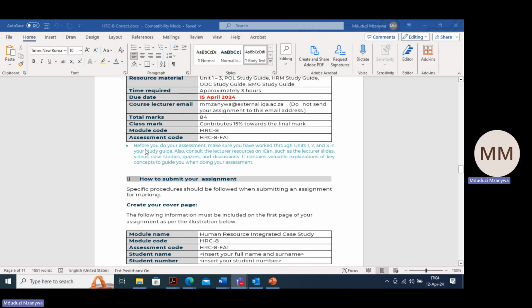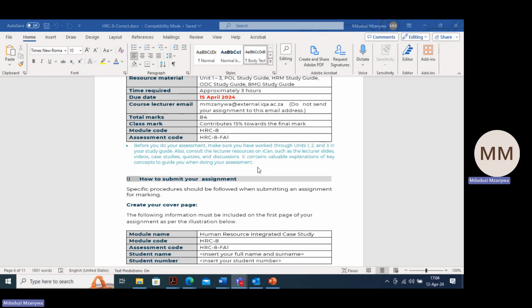Throughout this recording, you'll come across notes like this one. Some are preceded by red, and all these notes I've made for you so that you do understand what it is that you need to do.